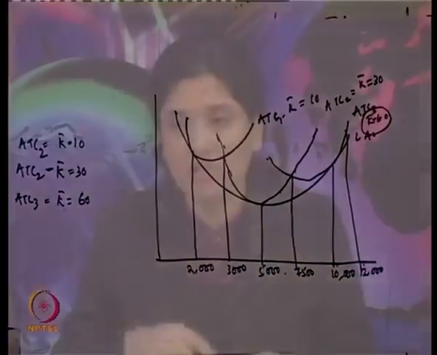So, it is always the individual firm's decision whether for that level of output they will take a short term cost curve where the capital requirement is more, or a short term cost curve where the capital requirement is less. If this is the point beyond which they are not going to expand the output, they will always prefer a short term cost curve where the capital input combination is less.